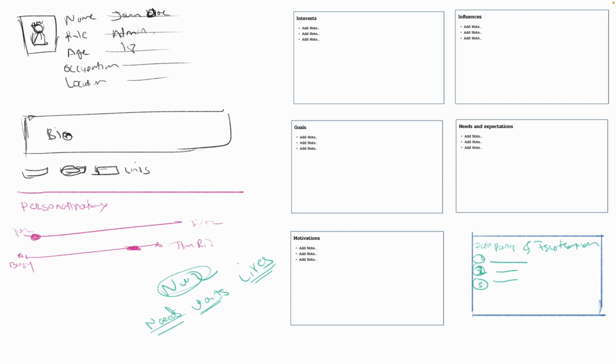We can figure out their goals, and then connect the pain points. So you can take their goals and try to figure out what pain points they are having while achieving those goals.